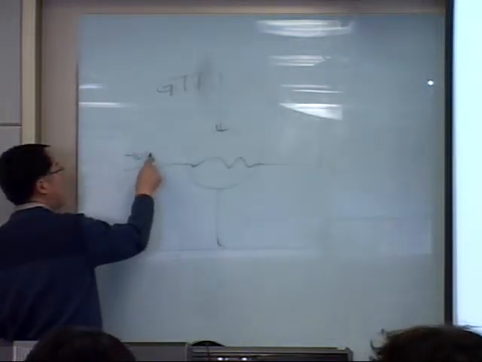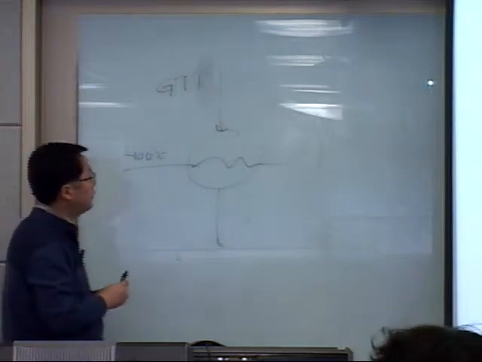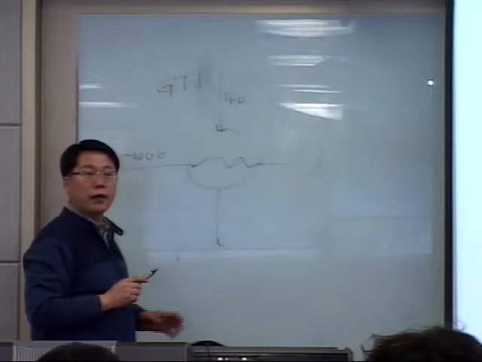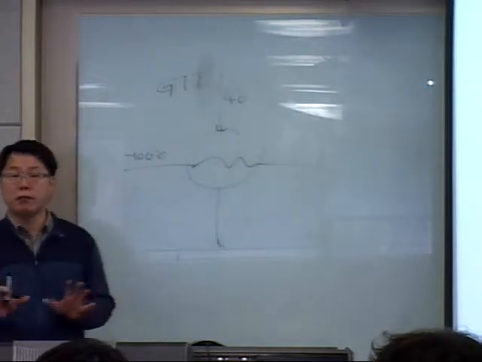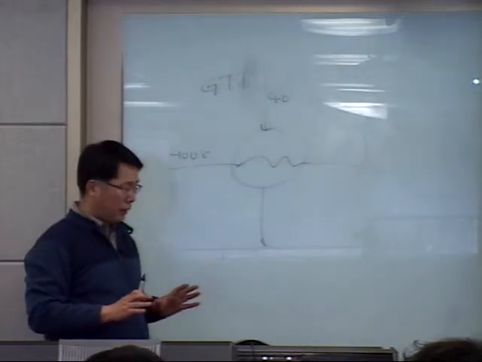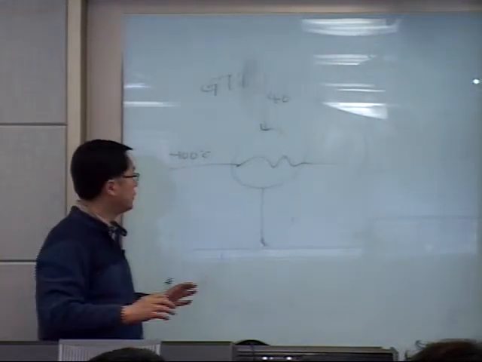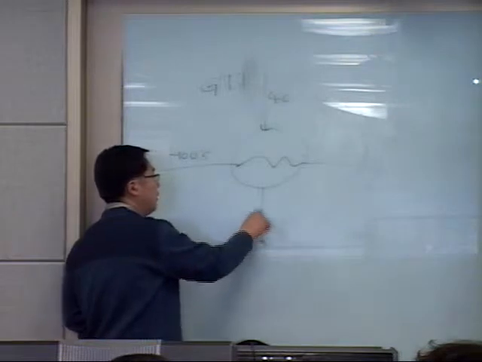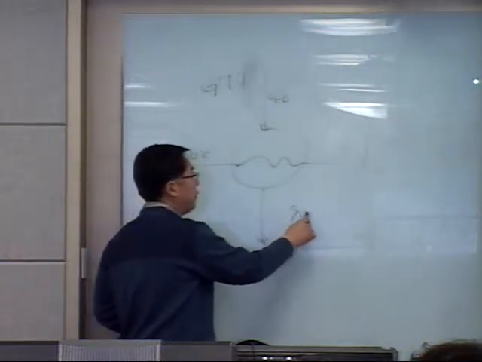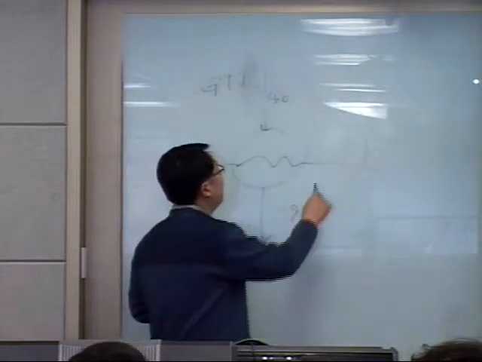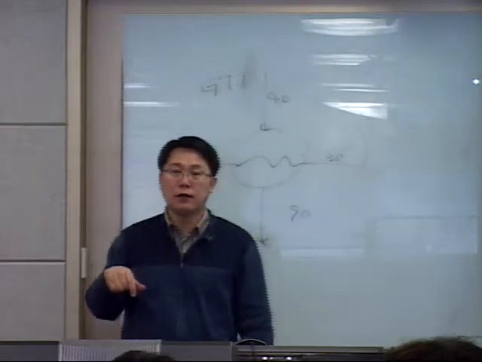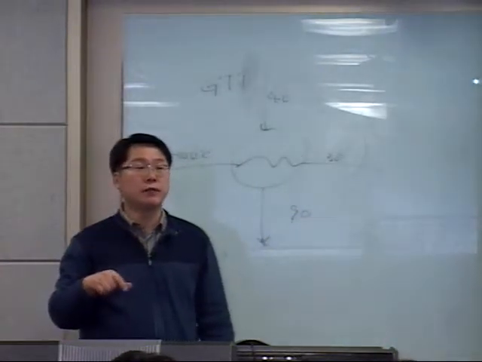This stream temperature is -100. This would be 40. Then if we take the approach temperature as 10 Celsius, the temperature would be -90. This temperature would be 30 because the mass flow rates of the two streams are the same.